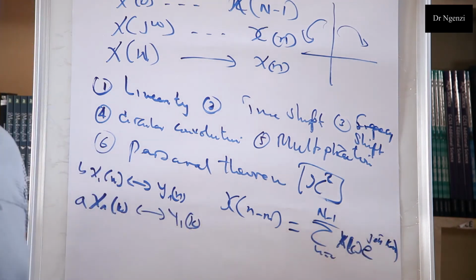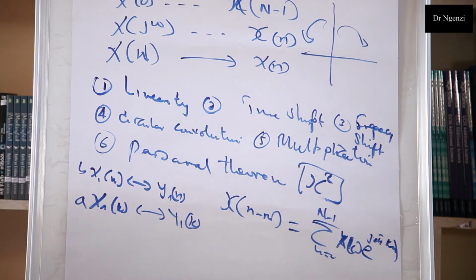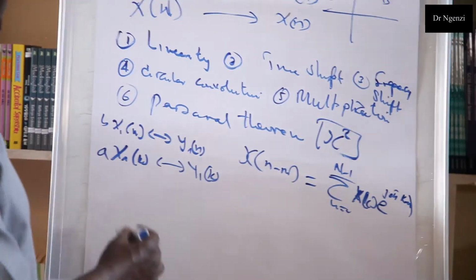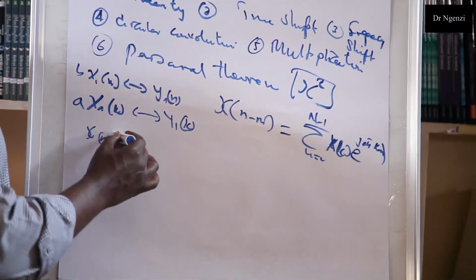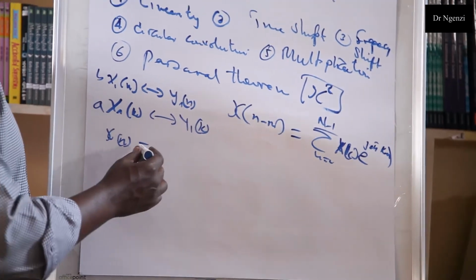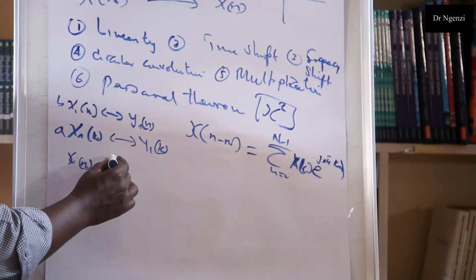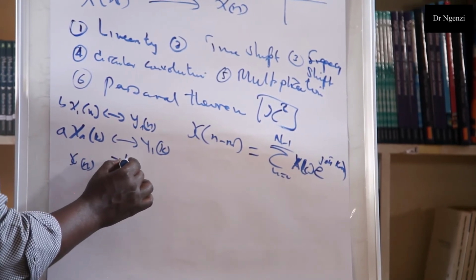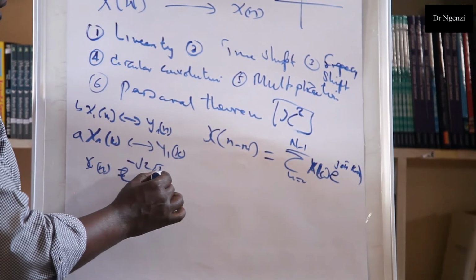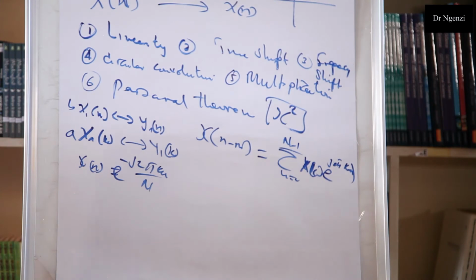Frequency is nothing but you are going to change x of n into their corresponding x of n. Remember, when you're putting into the summation at this n, you can put omega, e to the j2 pi kn over big N, which can be demonstrated like big X of n minus m in this case.